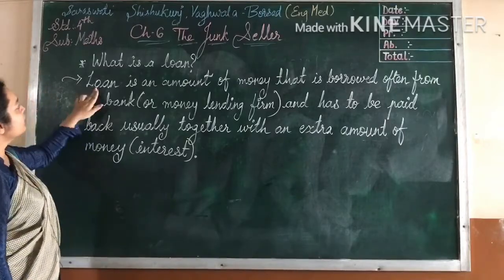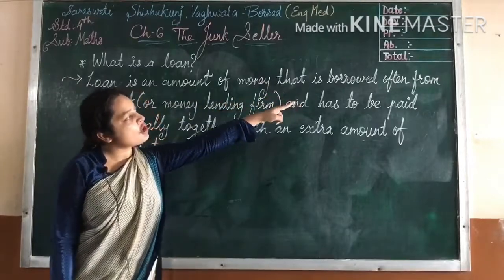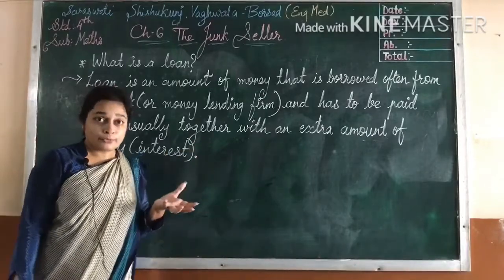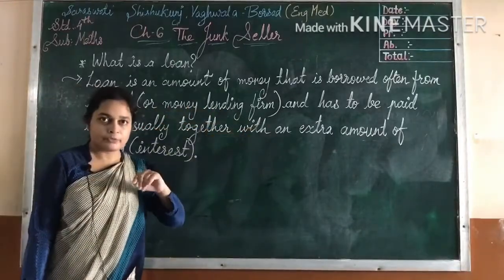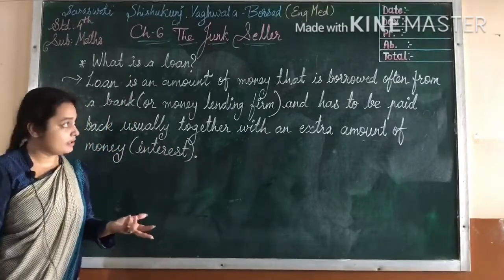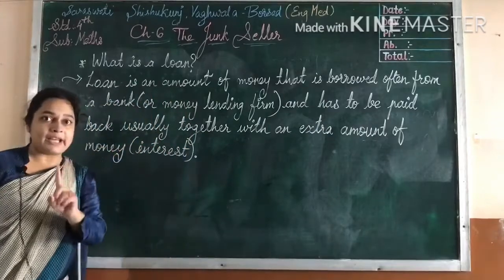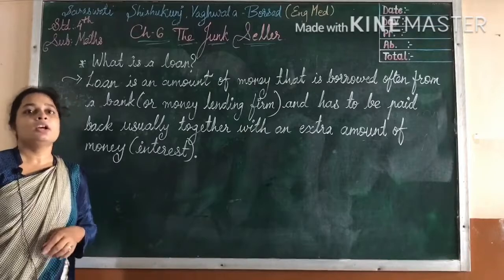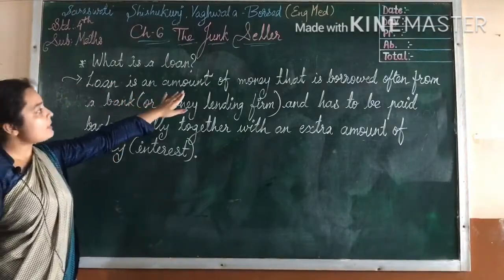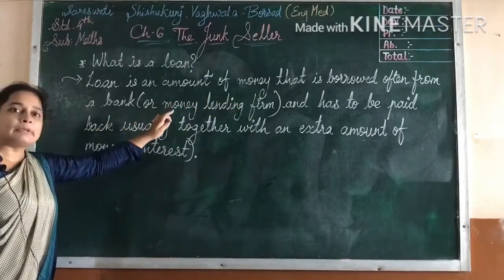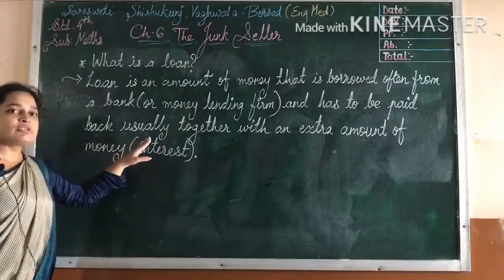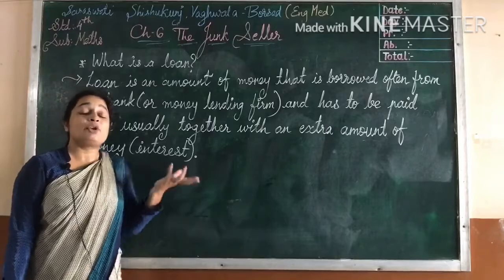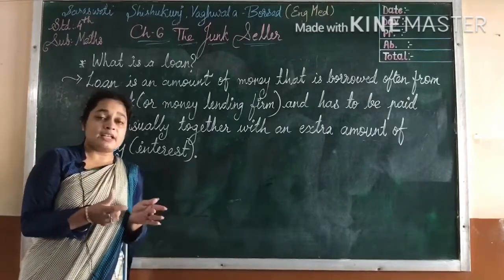Loan is an amount of money that is borrowed, often from a bank or money lending firm, which means from any other institute or from any person, and has to be paid back, usually together with an extra amount of money, which we call interest. Again, loan is an amount of money that is borrowed, often from a bank or money lending firm, and has to be paid back, usually together with an extra amount of interest. That is called a loan.